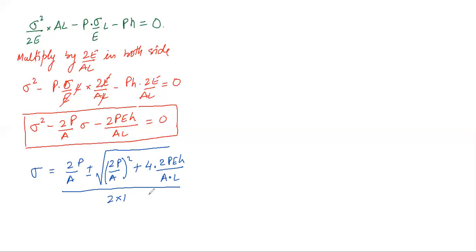So this is how we obtain this value. We know that this root is to be found with the help of minus b plus or minus under root of b square minus 4ac, upon 2a.